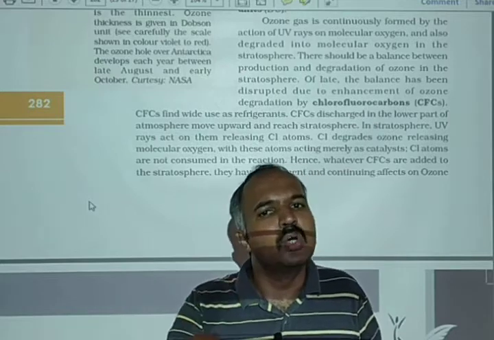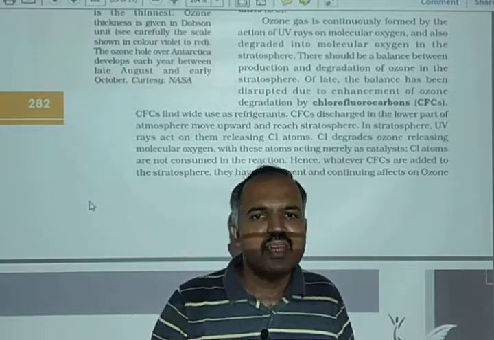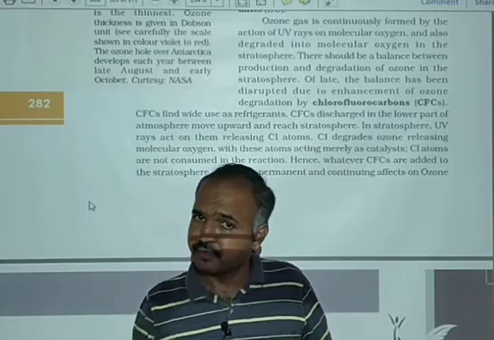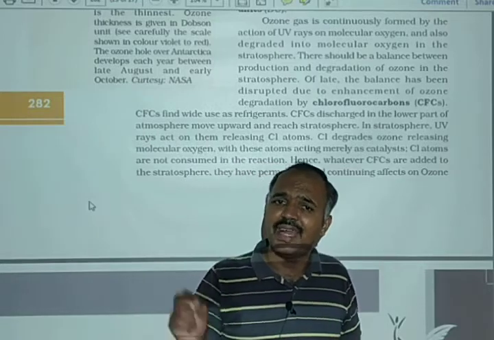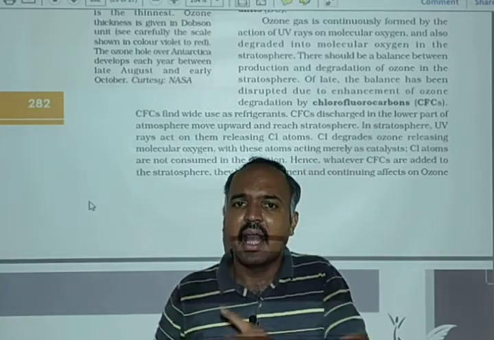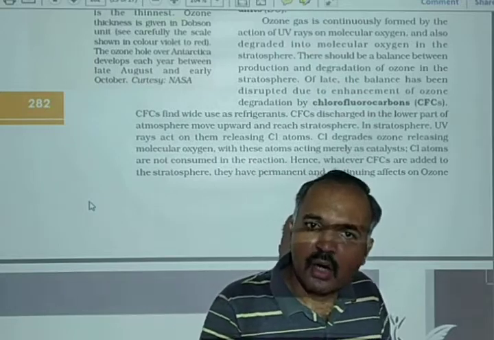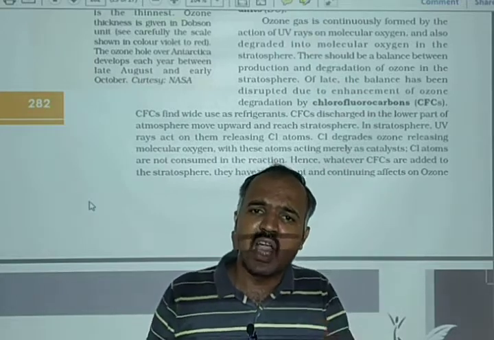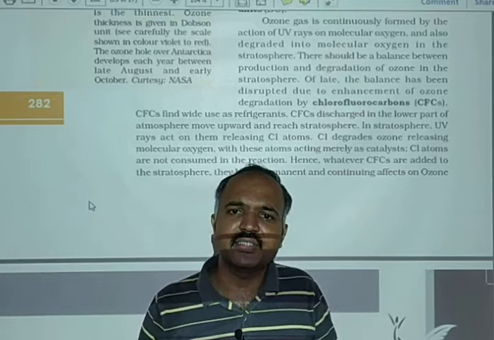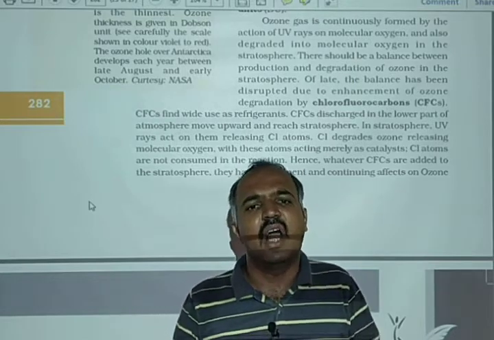When the ozone hole is produced, it cannot absorb the UV rays coming from solar radiation, and the UV rays will fall on the earth, causing harm to organisms. So in this manner, ozone depletion is harmful.